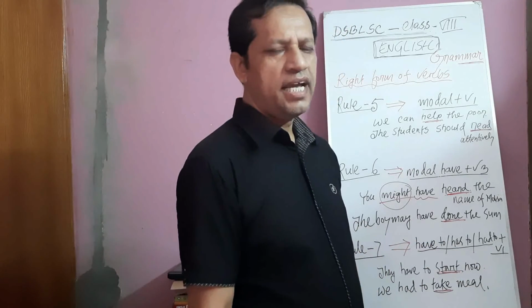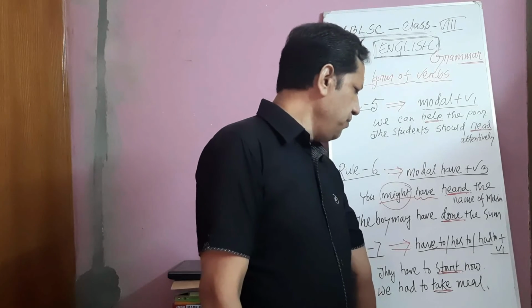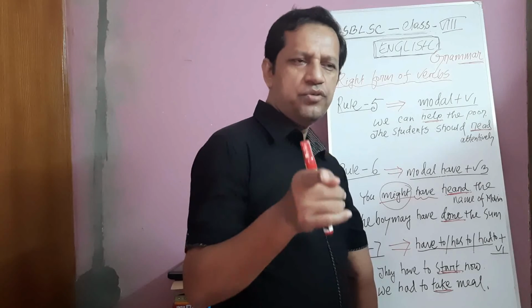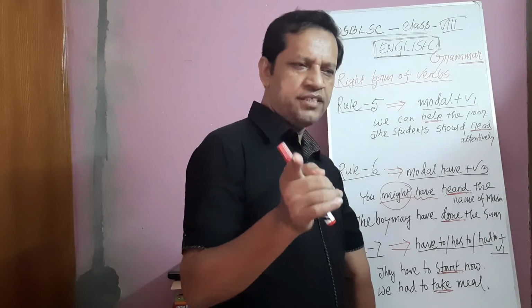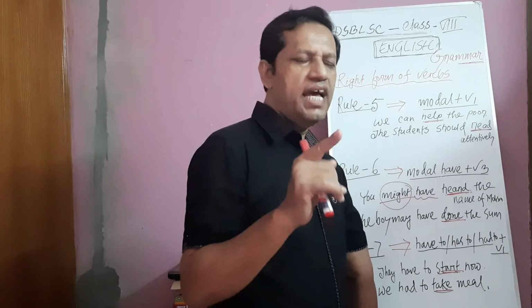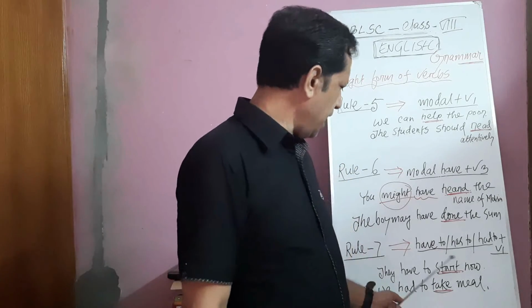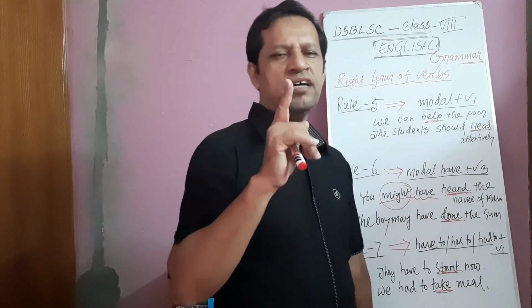Here I would like to add that have, has or had may be used as helping verb, may be used as main verb. Today I would like to add that have, has, had may also be used as a modal.